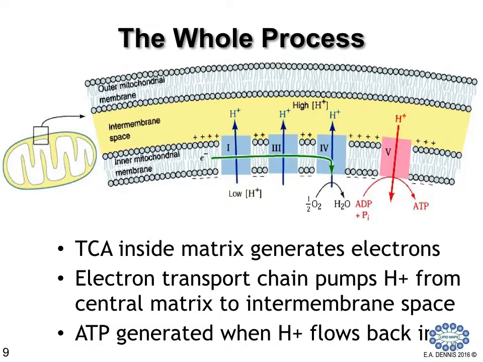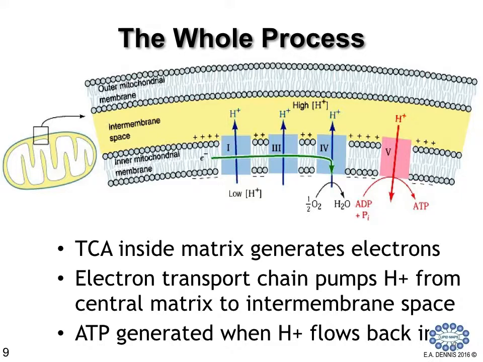Let's now look at the whole process. The electron transport chain generates a gradient from the matrix to the inner membrane space. That is, protons are exported to that space, and therefore it has a high proton content or a lower pH than the matrix.